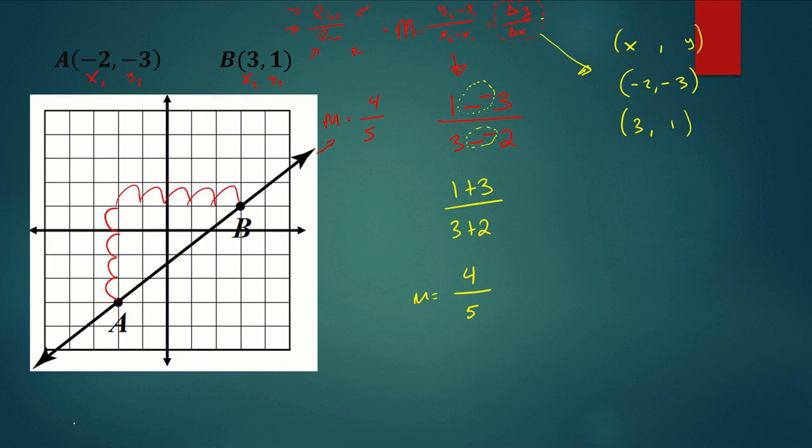What I want you to realize is, once again, the direction does not matter. So let's pretend that we don't have this graph. We don't know whether the slope is positive or negative, correct? But it doesn't matter which one of these two you call your first or your second point. What matters is you keep it consistent, right?